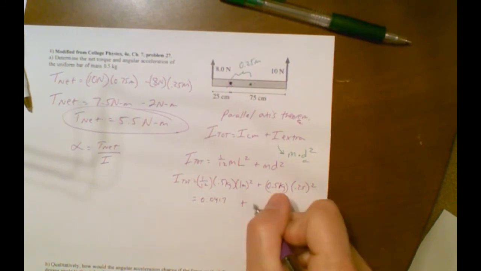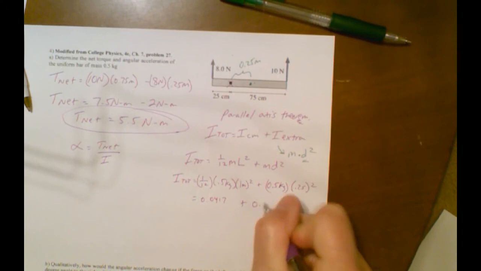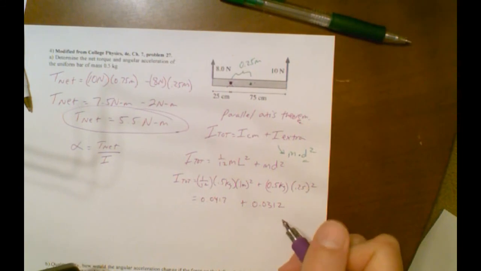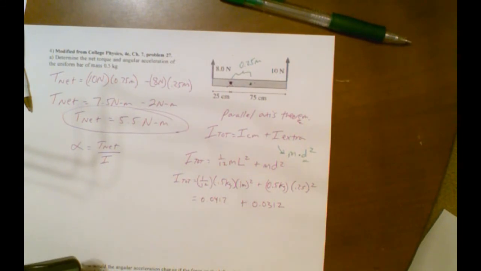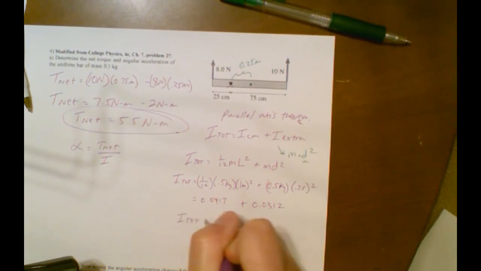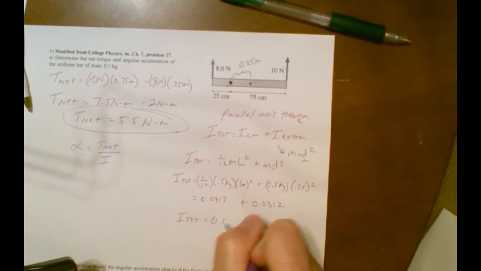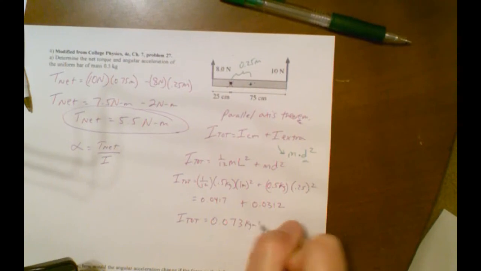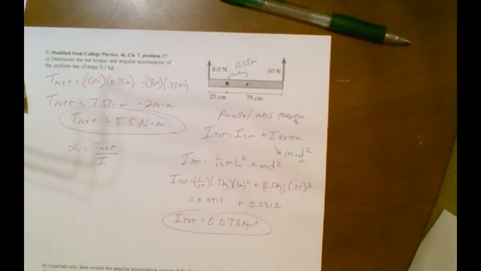That's 0.03125. So the overall moment of inertia is equal to 0.073 kilogram meters squared. So now I'm going to put these together.